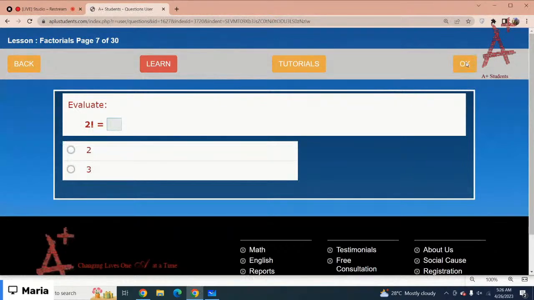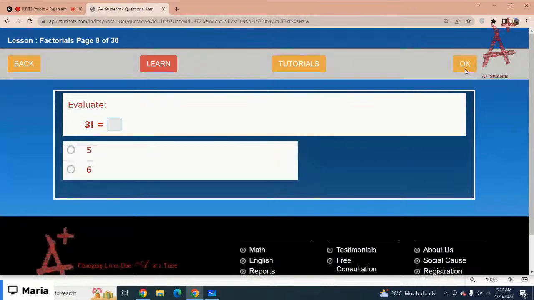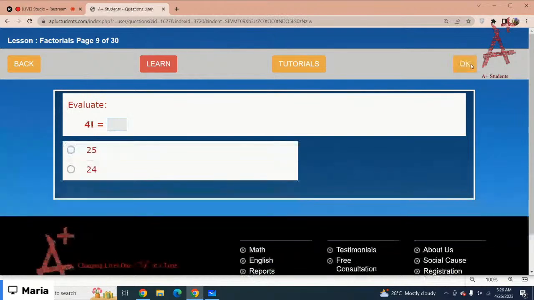2 factorial equals 2 times 1. So 2 times 1 is 2. 3 factorial equals 3 times 2 equals 6. 4 factorial equals 4 times 3 is 12 and 12 times 2 is 24.